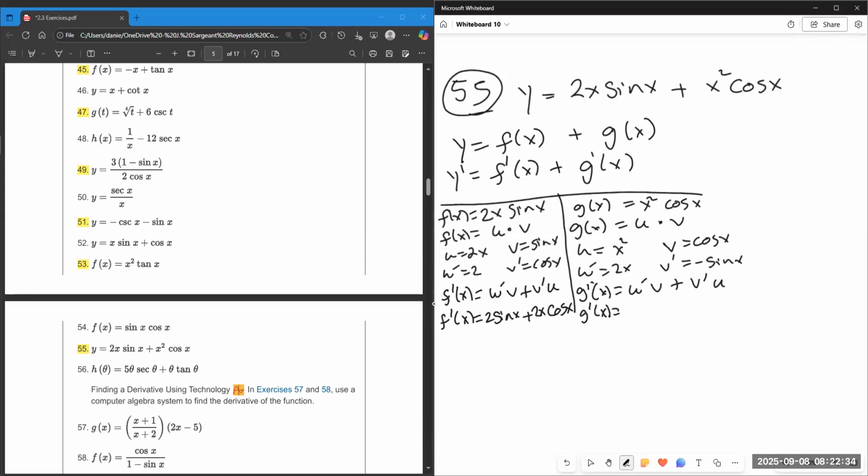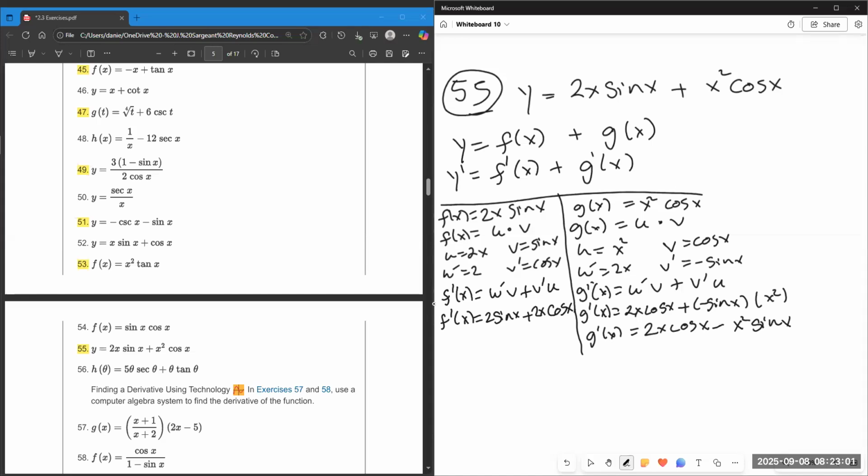G prime is 2x cosine of x plus a negative sine x times x squared. So g prime of x is 2x cosine of x minus x squared sine of x.